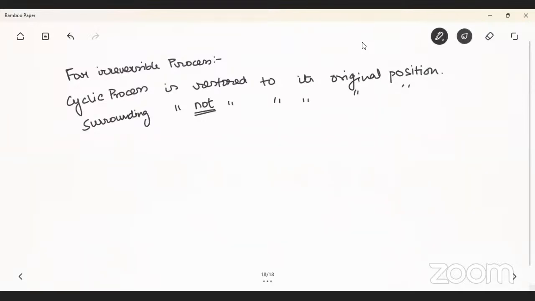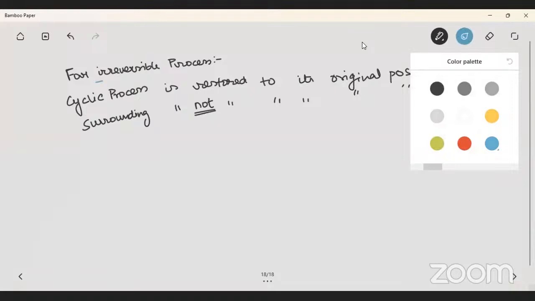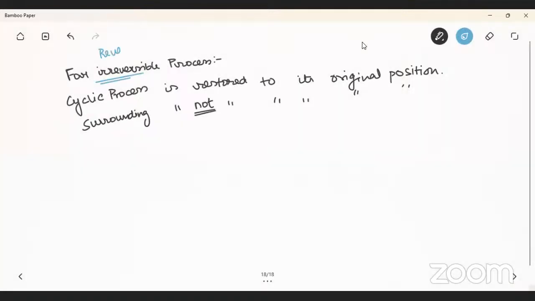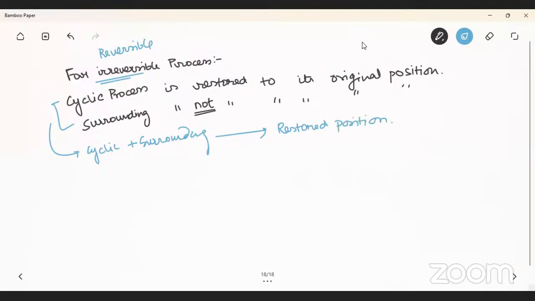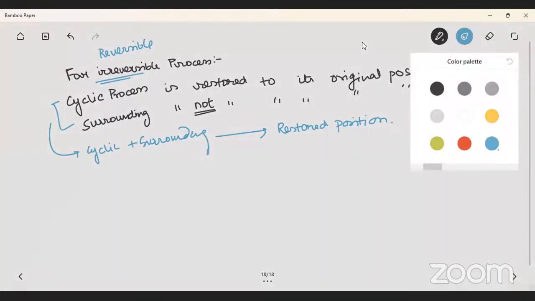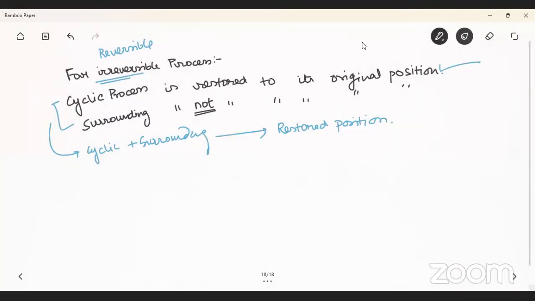For the reversible case, both the cyclic process and the surrounding would have been restored to the original position. But since this is an irreversible process, only the cyclic process will be restored, but not the surrounding. This is one of the important things you have to remember.